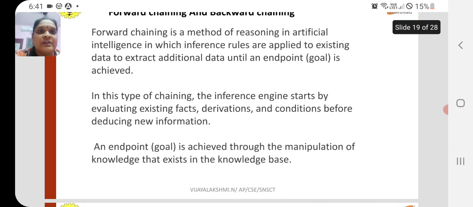So here, as the definition goes, it is actually a method of reasoning in AI in which we know about the inference rule, where we apply this rule for making a perfect decision, so that you extract the data until your goal is reached.